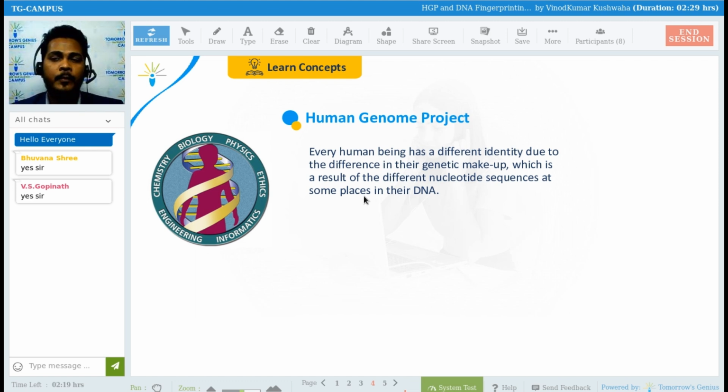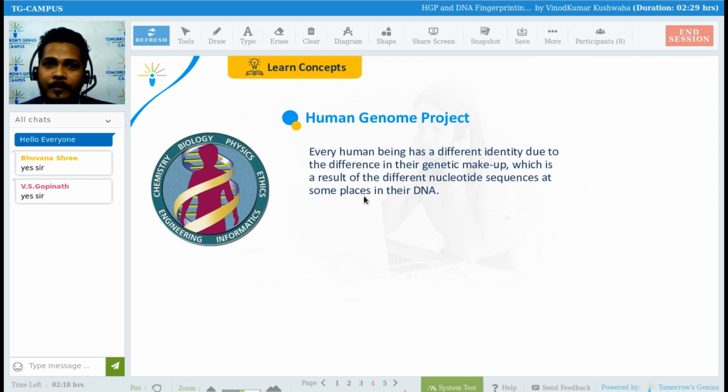You are not exactly similar to your friend, right? Though you may be morphologically similar, you are not exactly identical to your friends, colleagues, your brother, or your sister. So that means each individual has an identity that is due to a genetic makeup, right?